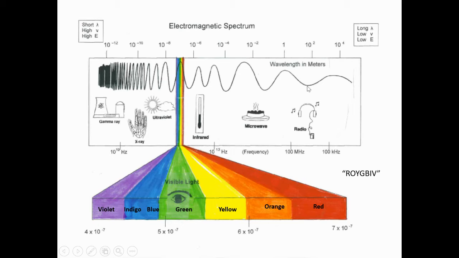So the longest waves are radio waves. The next one along the spectrum, 10 to the minus 2 meters, means about a centimeter, or like less than an inch. That is the wavelength of a microwave, and its frequency is higher than that of a radio wave. As we get a little bit shorter yet, we get to what we call infrared radiation.